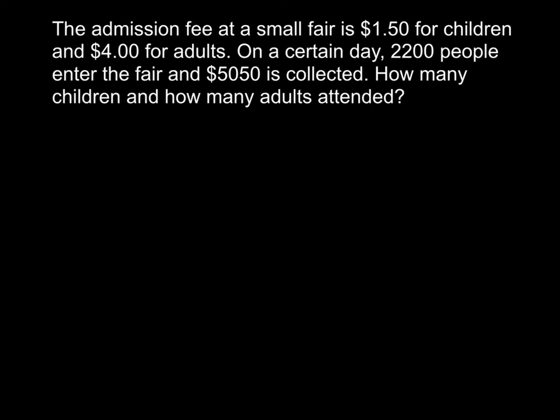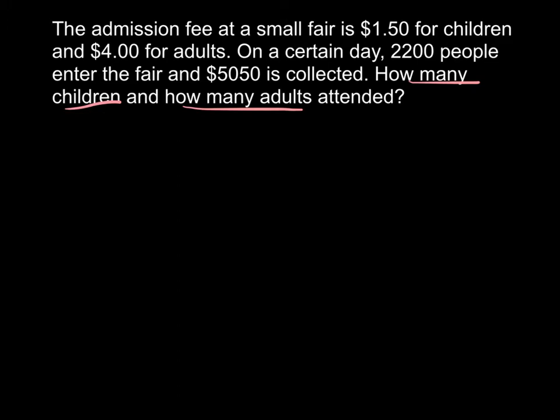So when you're first jumping into the problem, you want to ask yourself, how many unknowns are in the problem? Or what is the problem actually asking? And the answer is how many children and how many adults. So we have two unknowns. So we want to give these unknowns variables.